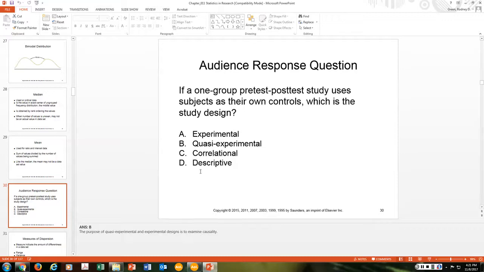When you use a one-group pre-test, post-test with the subjects as their own controls, it's only quasi-experimental. If it were experimental, we would have to have a control group and an experimental group, correct? We'd have to have at least two groups.